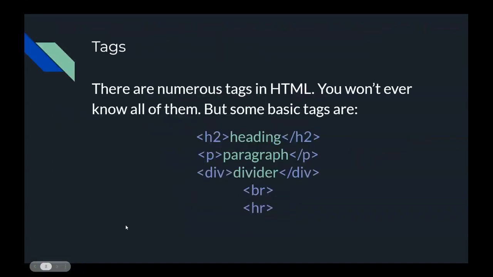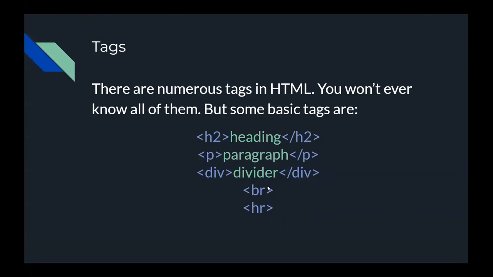Okay, tags. There are numerous tags, tons and tons and tons of tags. I can't teach them all to you. But like I said, we're doing some basic tags, right? So we know headings, we know paragraphs, we know divs or dividers, break tag, the horizontal rule tag. These guys, just as a quick reminder, are empty tags.